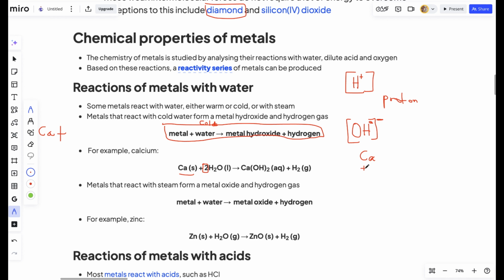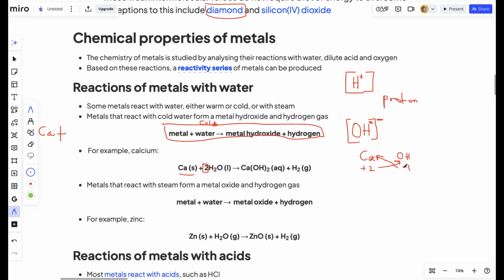OH has minus 1. So I write it here. You should learn how to do this so that you can always write the compound that is formed when substances react. In chemistry we cross multiply this and this.